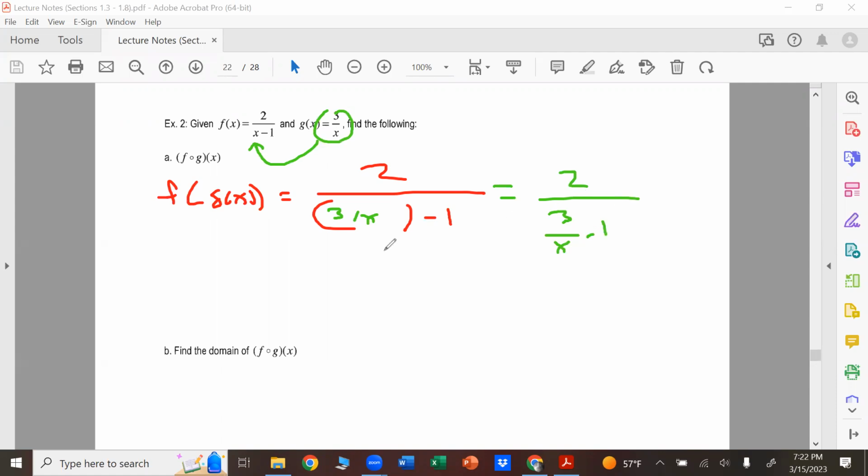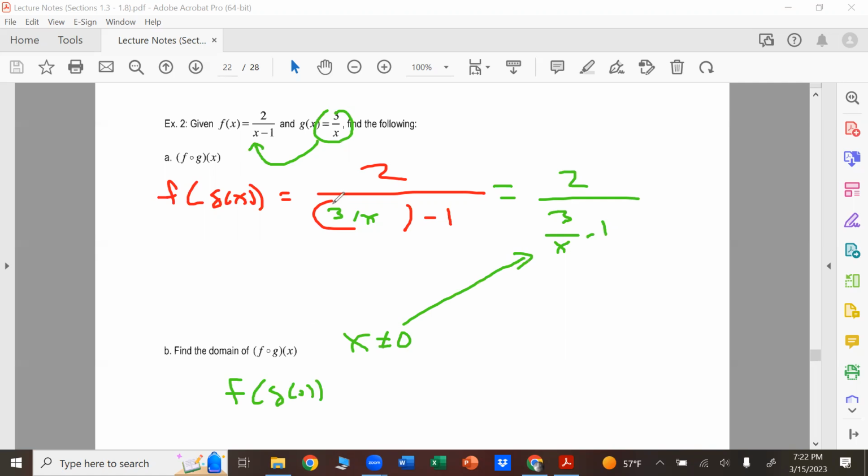But the domain's a little tricky though. What you'll have to do is consider g of x, because that's the first thing x sees. So we know x can't be 0. That's for sure, because that'd be a problem. If you plug 0 into g, if you do f of g of 0, you're going to have something that's undefined right from the start.